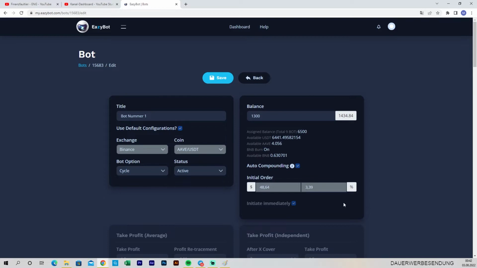We see that the first initial order is 3.39%, and that's based on your current amount in the bot. I started with $1,300, but I also have the auto compounding option opted in, so it now has $1,434 involved. And that's the crazy thing about it.